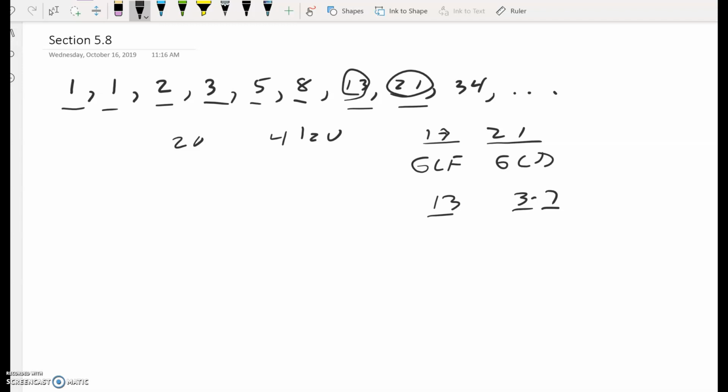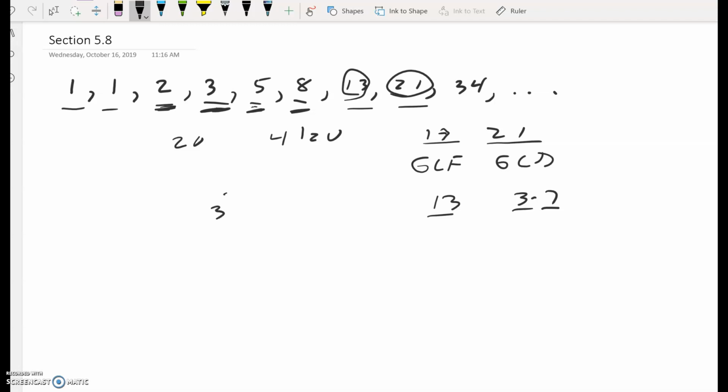1 divides into everything. So the greatest common factor of each of these terms is 1. That's kind of interesting. Now I'd like you to consider any 4 numbers in a row. Again, when you're asked to do this, choose a different 4 numbers. But I'm going to choose these 4 numbers right here, 2, 3, 5, and 8. And the idea here is to square each of the inside 2 numbers.